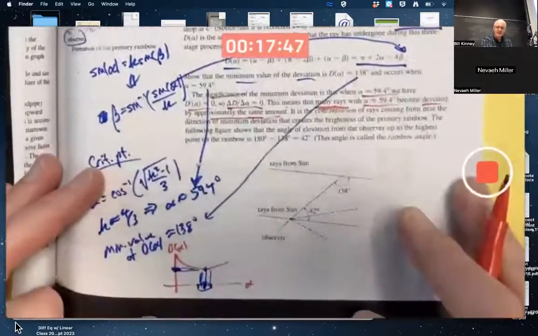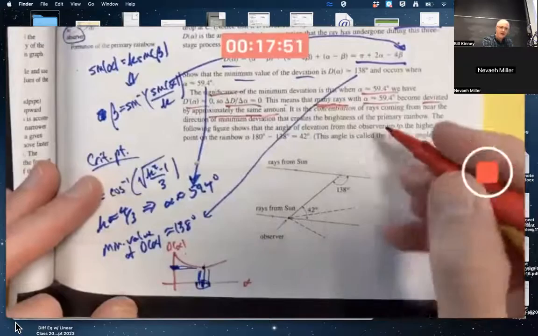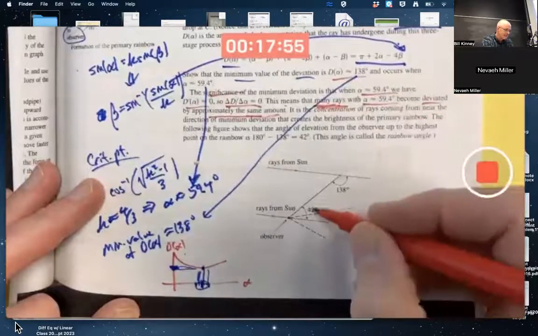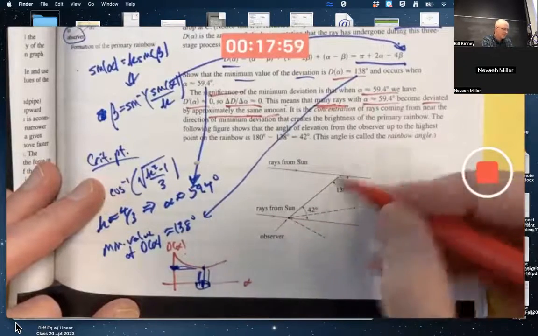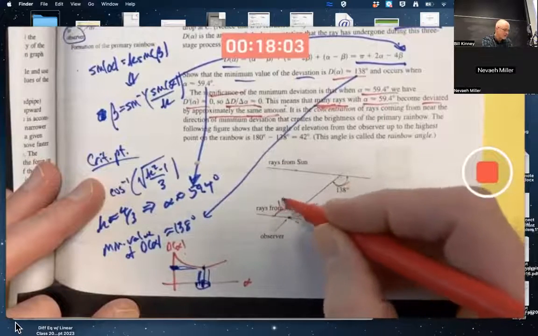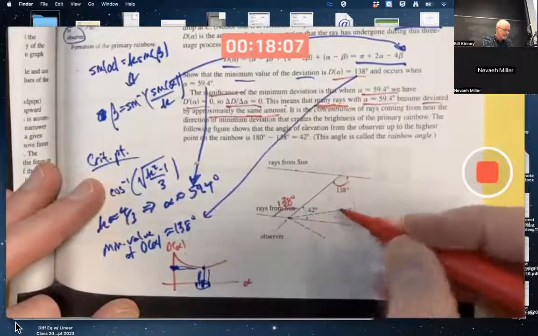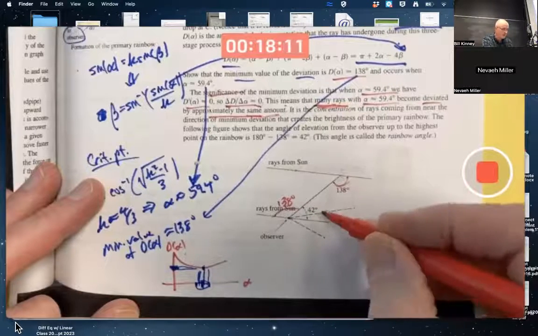Coming to this picture, which is a new picture, that angle is about 138 degrees. That means that this angle, look, you've got parallel lines and a line crossing two parallel lines. This angle and this angle both have to be 138 degrees. And since this total angle is 180, this one here has to be 180 minus 138, which is 42 degrees.